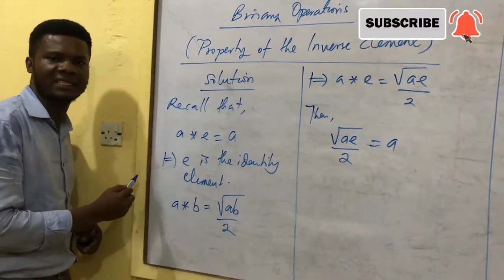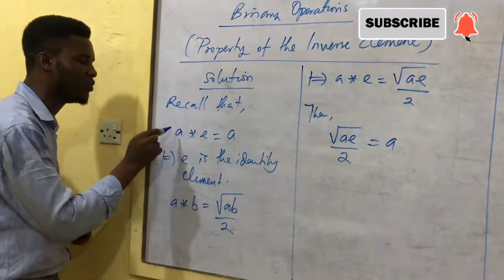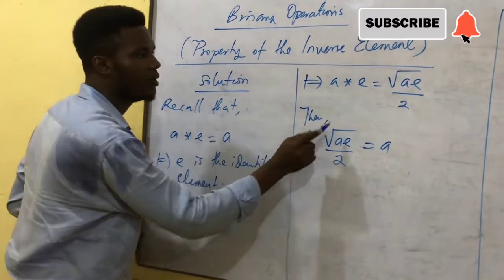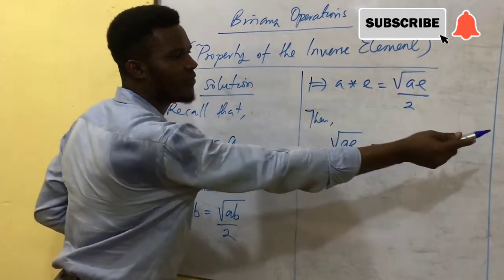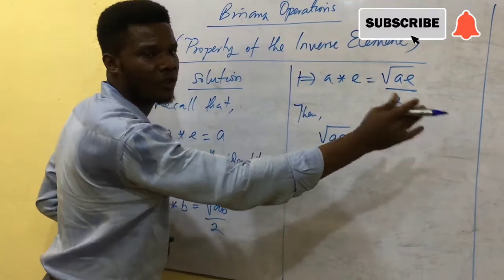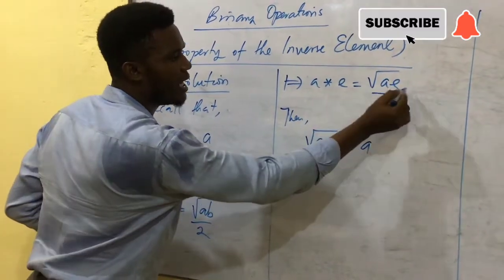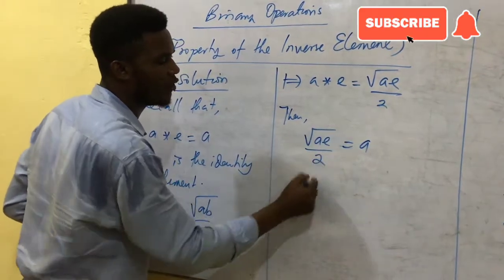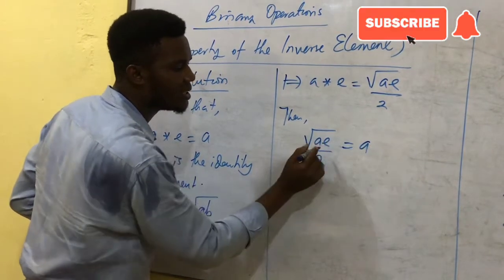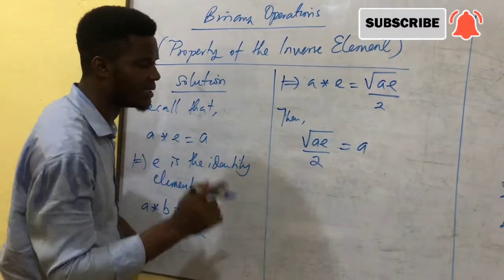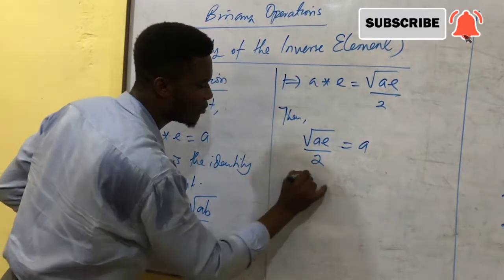If E is the identity element, then it has the power of combining with A to return A. Now, A asterisk E, by definition of the binary operation given to us, is square root of AE all over 2. And square root of AE all over 2 would surely give us A, since E is presumed to be the identity element. So I'm going to simplify.